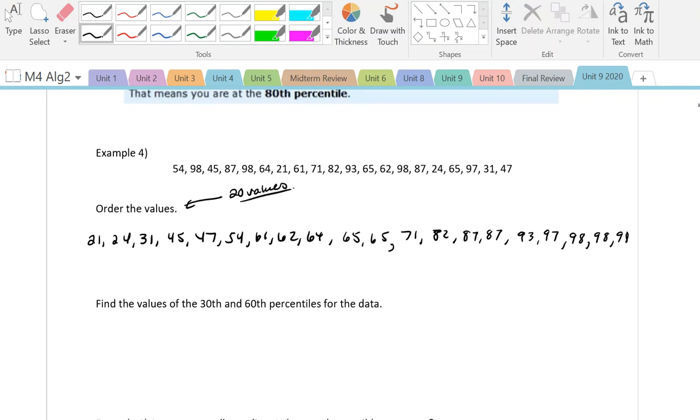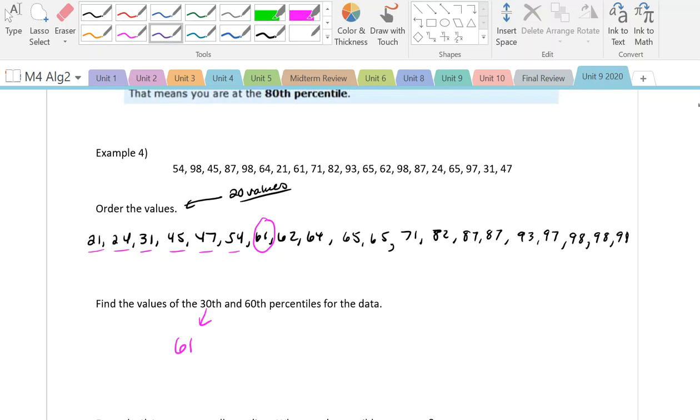It's important for figuring out our 30th percentile. So 30th percentile, or 0.3 of 20, is 6 values. So I want what would have 6 values smaller than it. So 1, 2, 3, 4, 5, 6. So 61 is the 30th percentile.